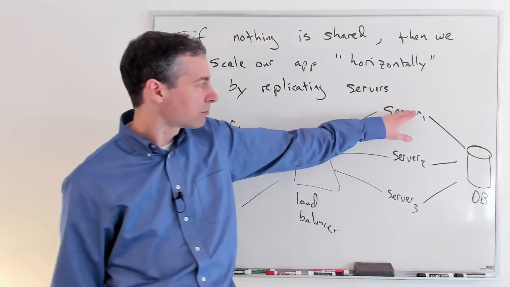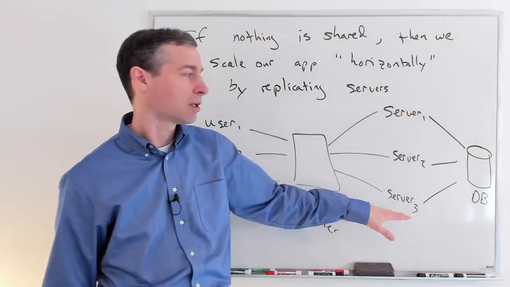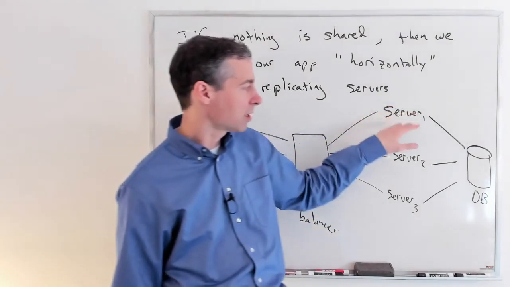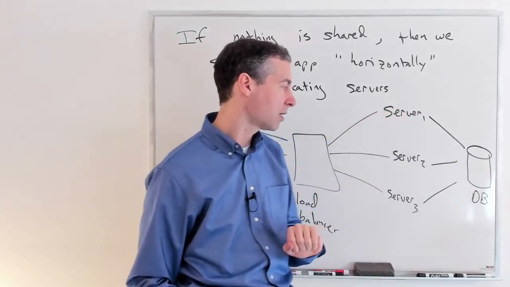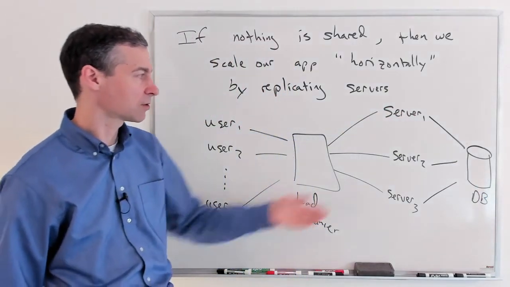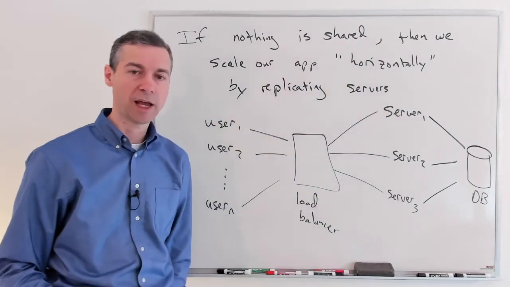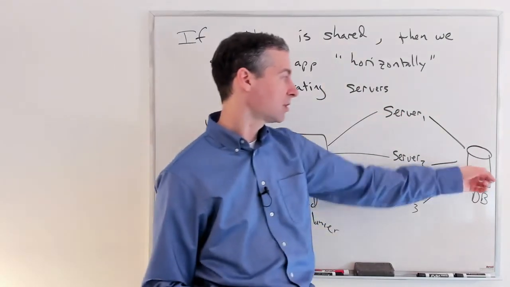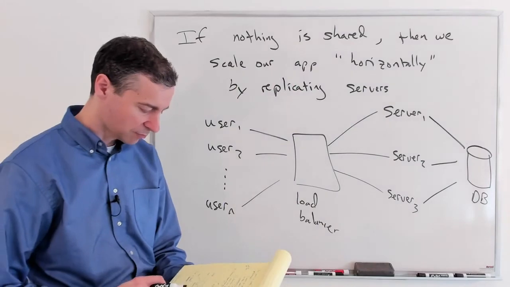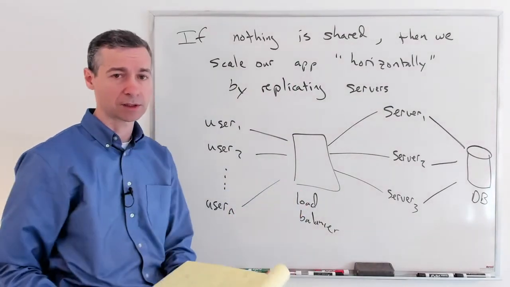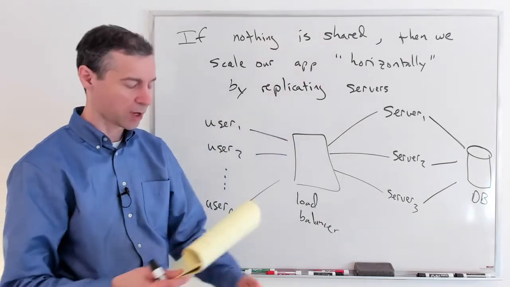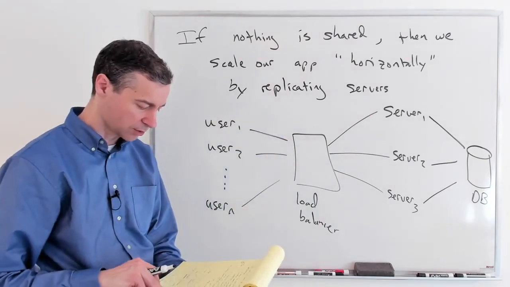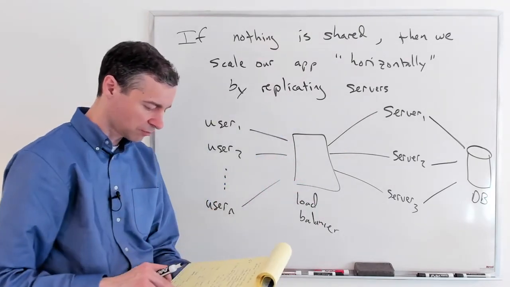We can run Rails on a bunch of these, and the only place where the data really has to be shared is at the database level. So we can have a lot of those, but we still have this contention point with the database. The load balancer is not a contention point. It's really fast and easy to send the requests on to other servers. It doesn't really do much computation.